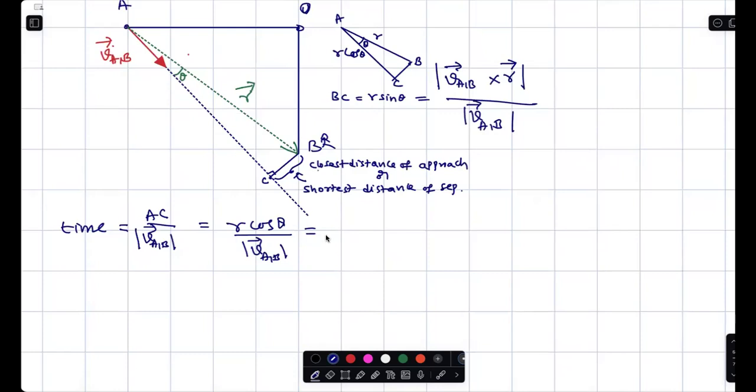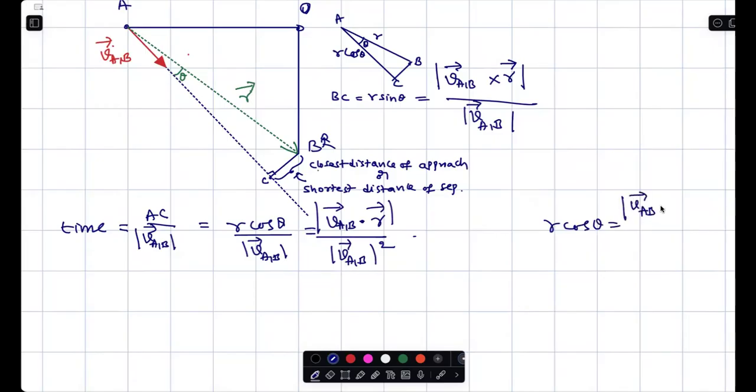So R cos theta is nothing but VAB modulus of dot R bar by magnitude of VAB, AB, already 1 is there, so square. Because you can write R cos theta as magnitude of VAB bar dot R bar by magnitude of VAB.